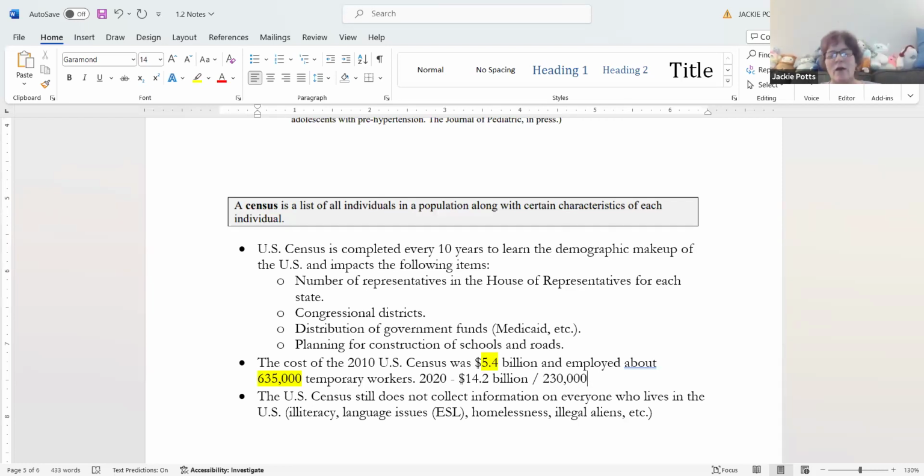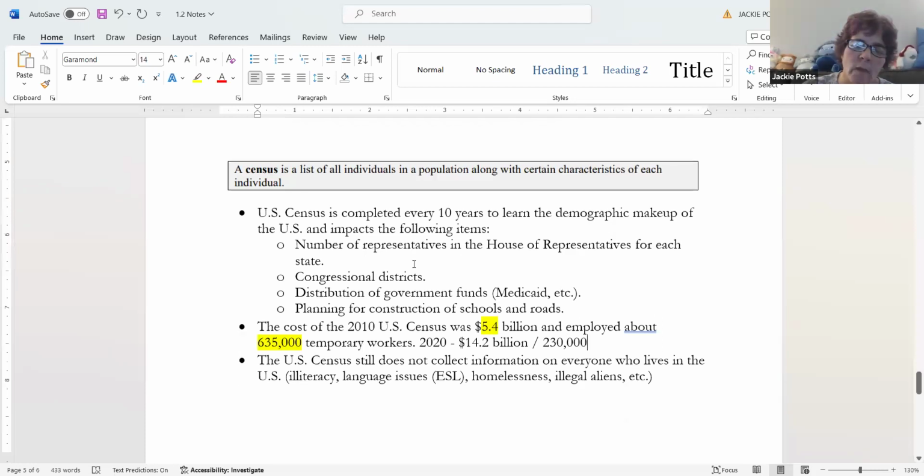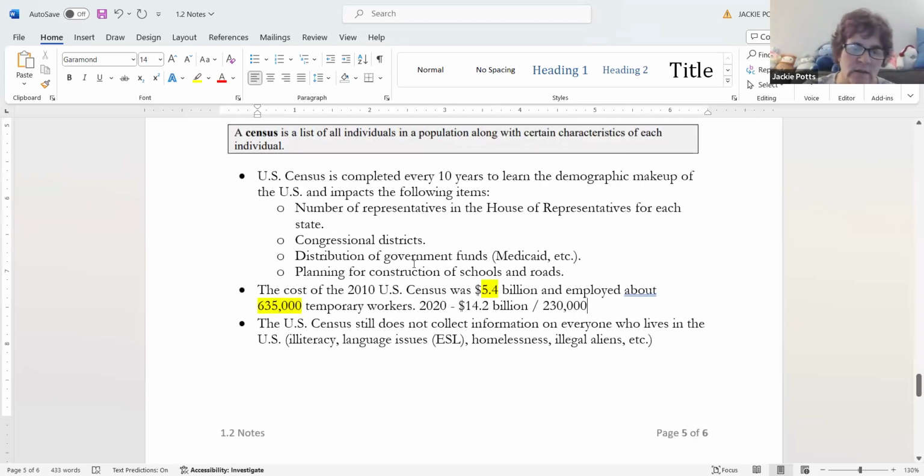Only 230,000 temporary employees. So in 2010, it cost 5.4 billion versus 2020 at 14.2, but only a third of the employees, approximately. That is what the census costs.